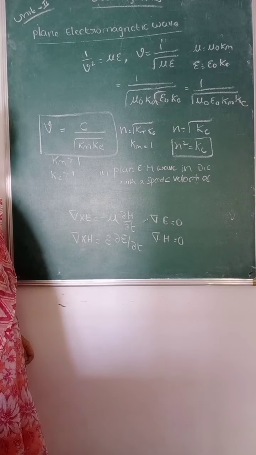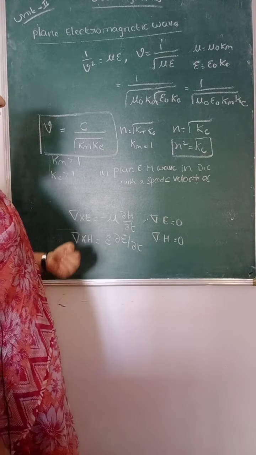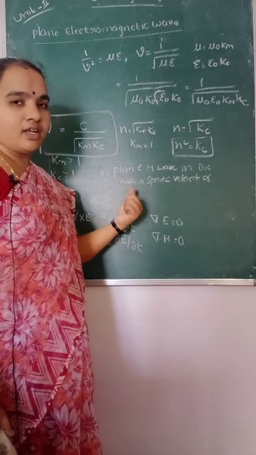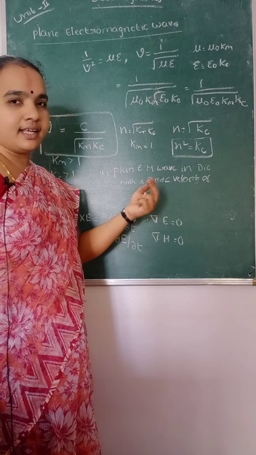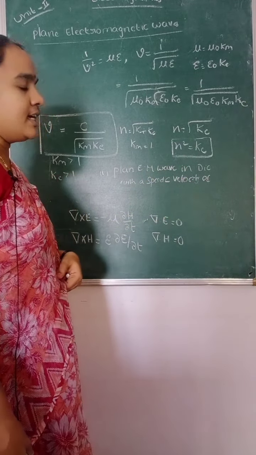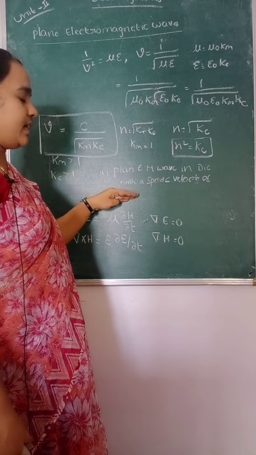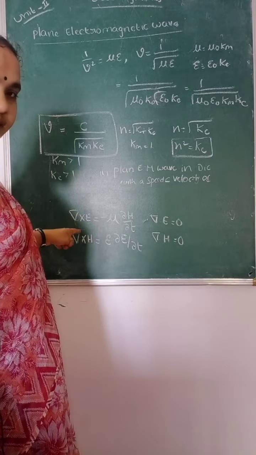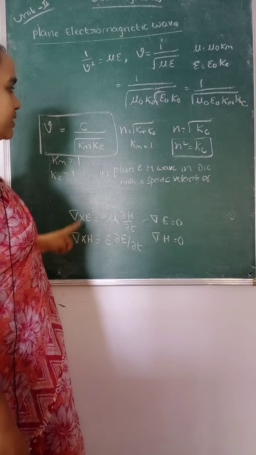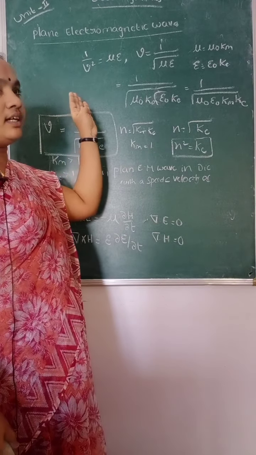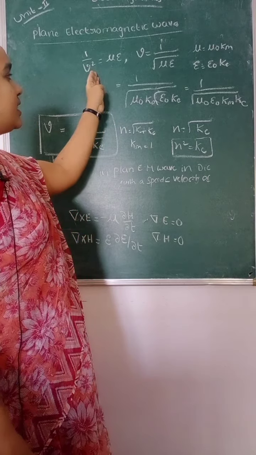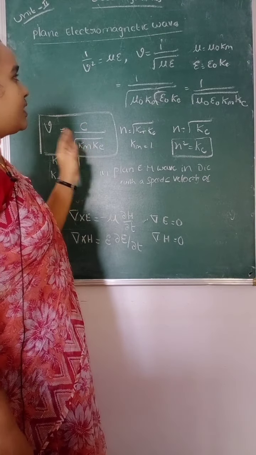So, this is the first summarization point. The plane electromagnetic wave travels with a speed less than the velocity of the plane electromagnetic wave in free space, that is the velocity of light. This can be calculated by taking the curl of the third equation and fourth equation. By comparing it with the wave equation, we have calculated the velocity.